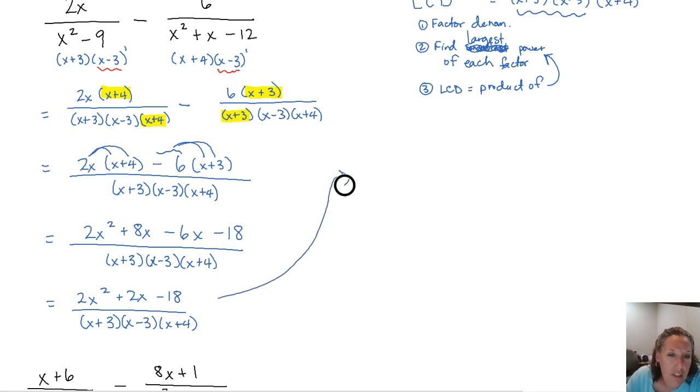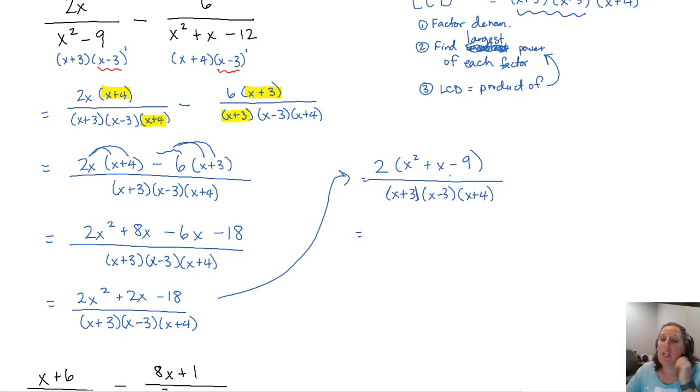So let's factor out. I see 2, 2, and 18 are all even numbers, so we can factor out a GCF of 2. That's going to be x squared plus x minus 9 all over x plus 3, x minus 3, x plus 4.